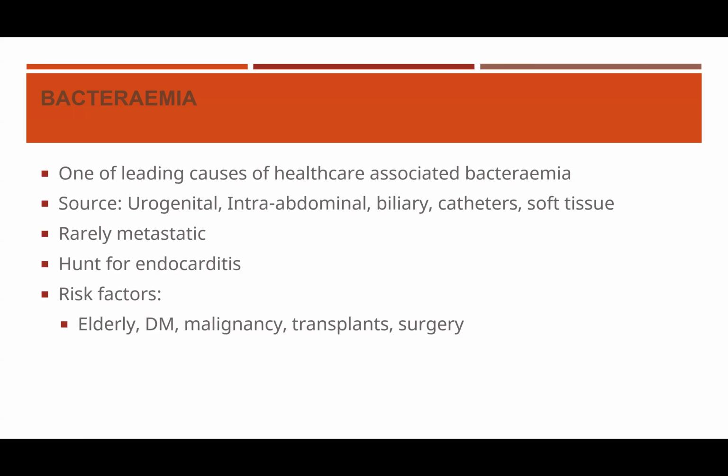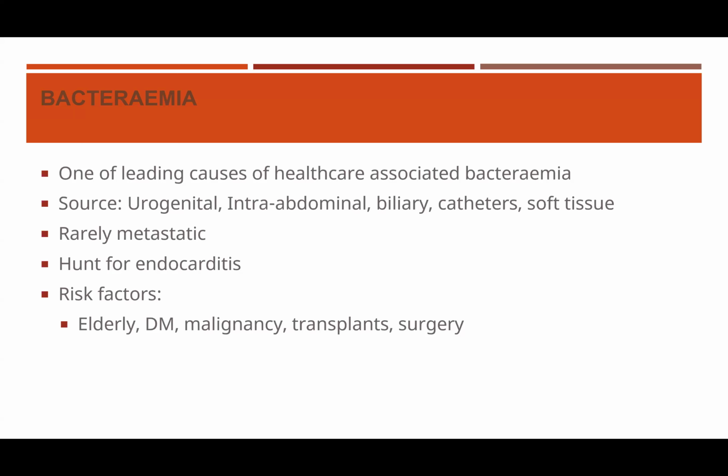In contrast with Staph aureus, bacteremias rarely seed to distant organisms, so you don't often find metastatic disease with enterococci. But the major issue with dealing with enterococcal bacteremia is really the presence of endocarditis, which is why astute clinicians will pay very close attention to the heart in patients with an enterococcal bacteremia.